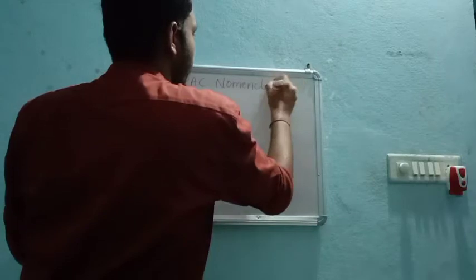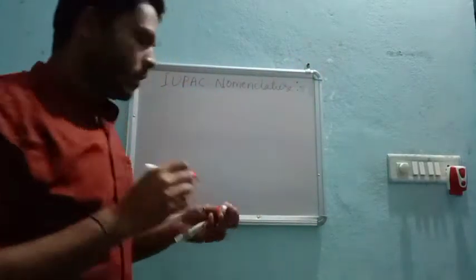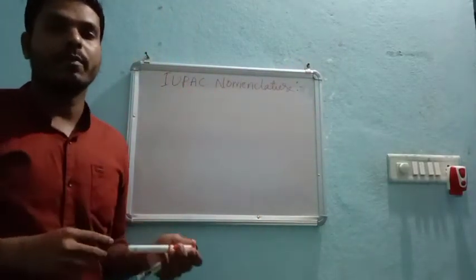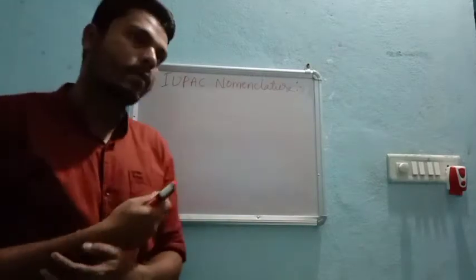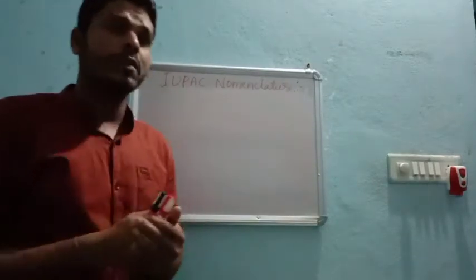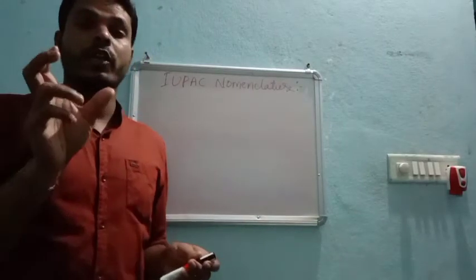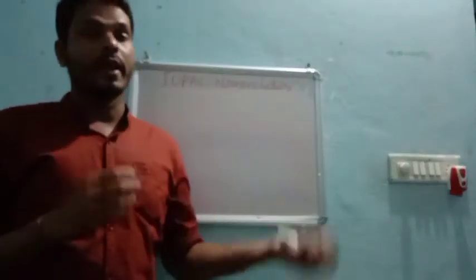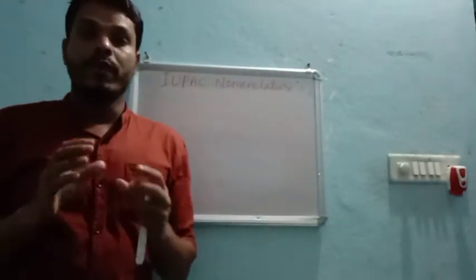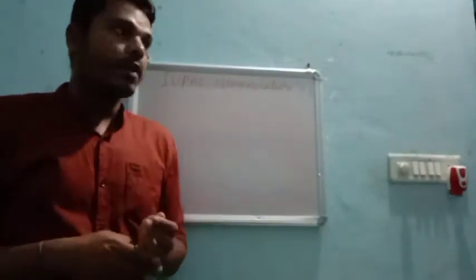See, in organic chemistry, nomenclature plays a very important role. Why? Because we come across a number of organic compounds, so we need to identify them with their names. In organic chemistry we see carbon and hydrogen bonds more often, right?